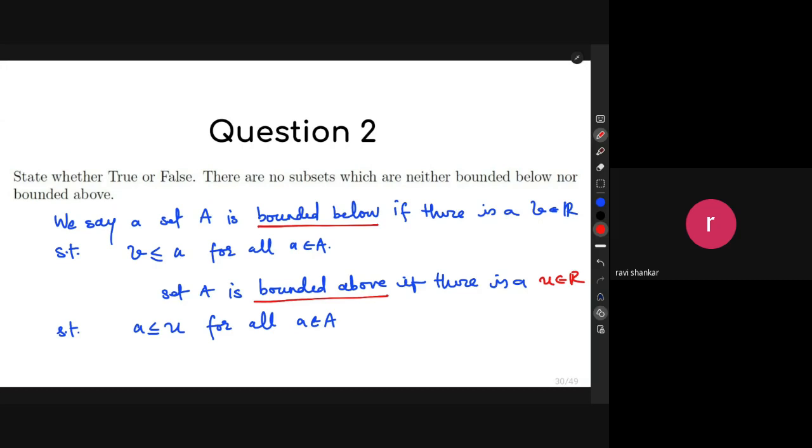I will tell you the greatest upper bound and lower bound as well.